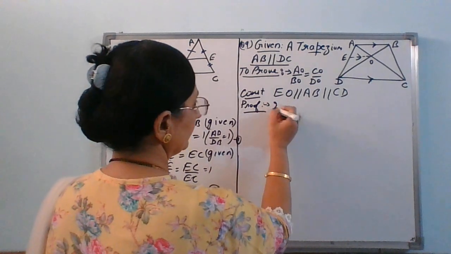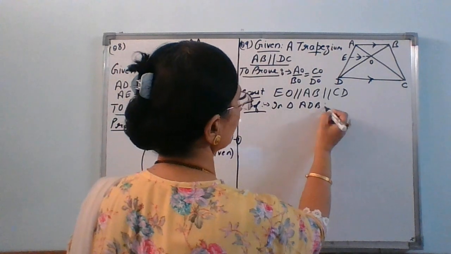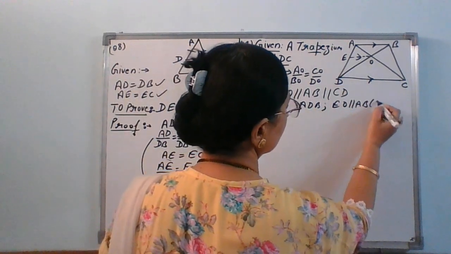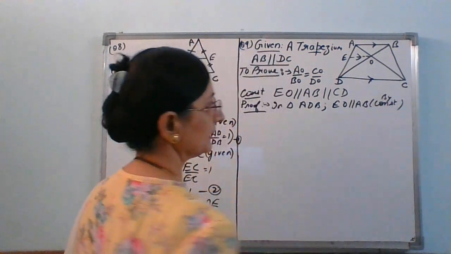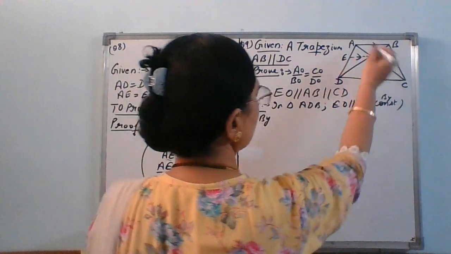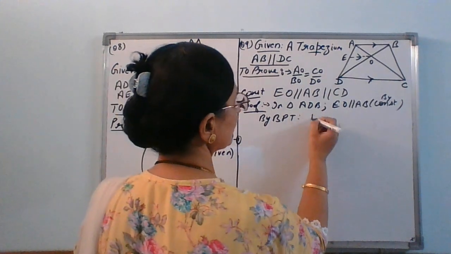Okay. In triangle, I'm considering first ADB. EO is parallel to AB. What is the reason? By construction. Whenever the sides are parallel, by BPT, you have to give the reason BPT. Sides are in ratio. Which sides?